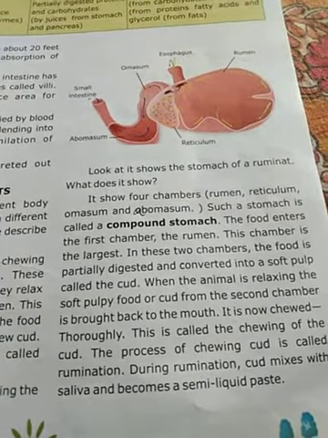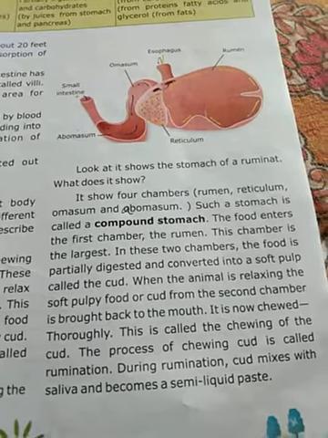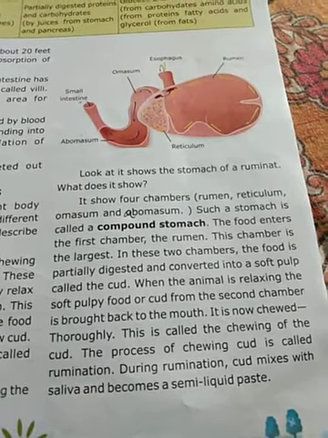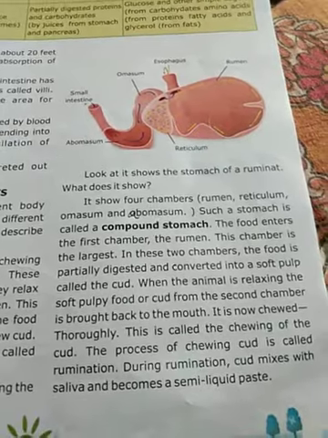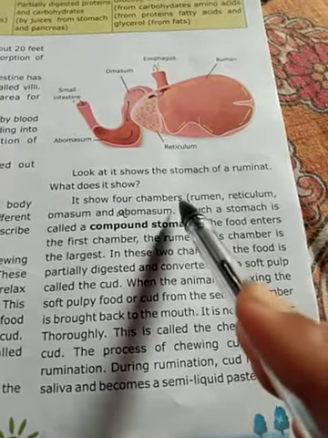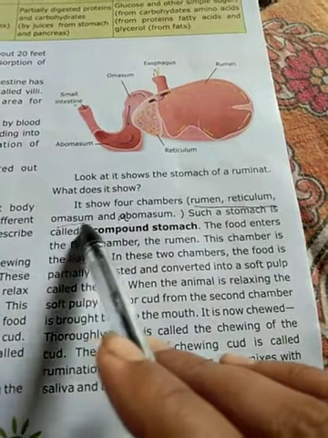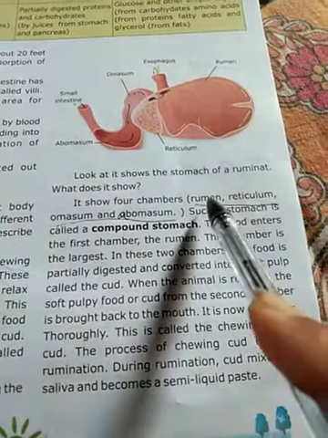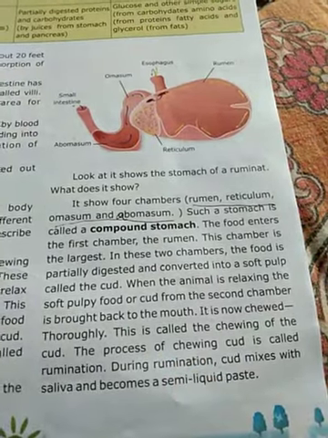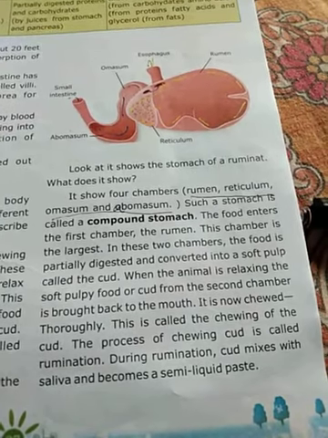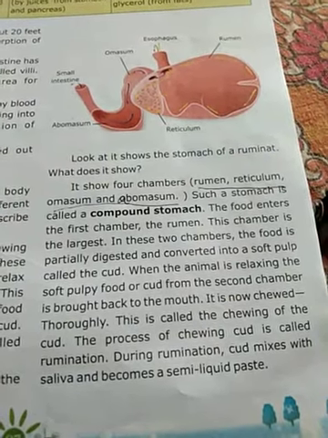Their stomach is divided into 4 chambers. First one is rumen, second is reticulum, third is omasum, and fourth one is abomasum. These are the chambers of their stomach. Such a stomach is called a compound stomach.